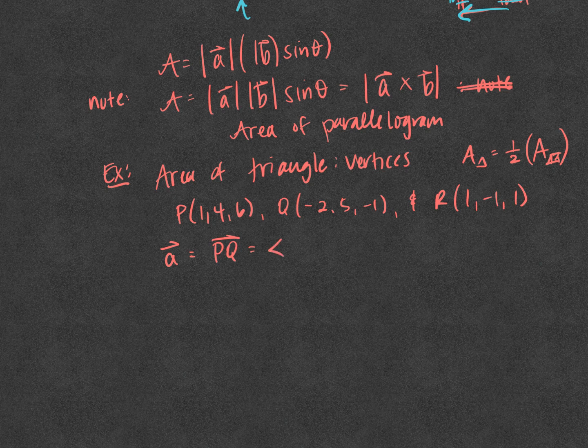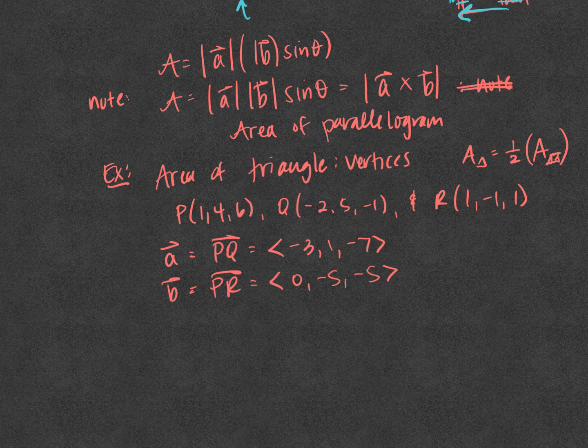So that means we take Q minus P. So -2 minus 1 is -3. 5 minus 4 is 1. -1 minus 6 is -7. And then we're going to do PR. So let's let B be PR. And we get 1 minus 1 is 0. -1 minus 4 is -5. And 1 minus 6 is -5.